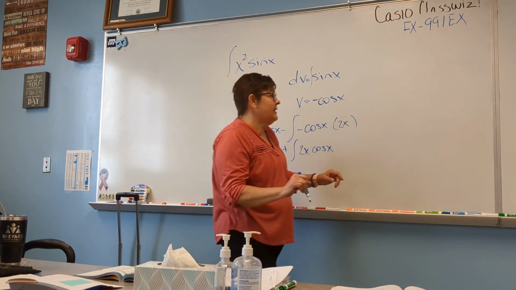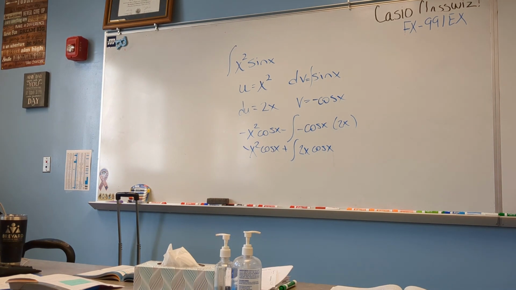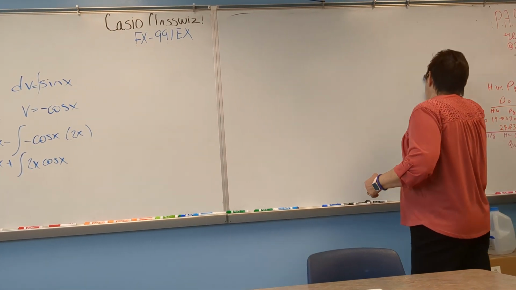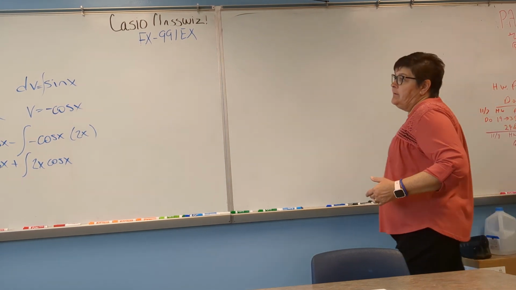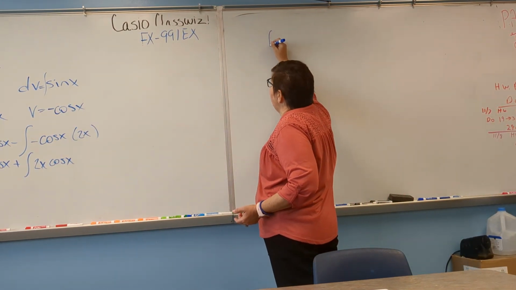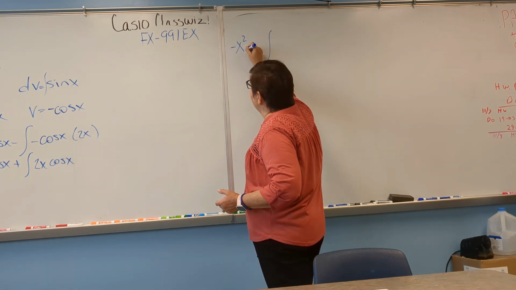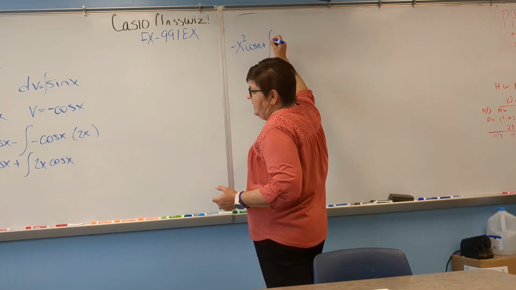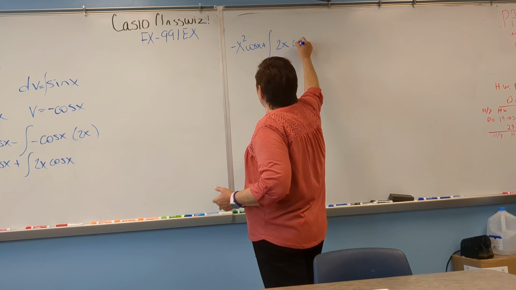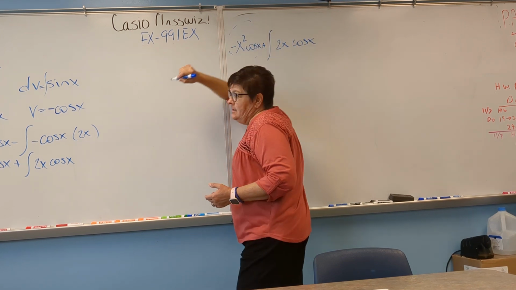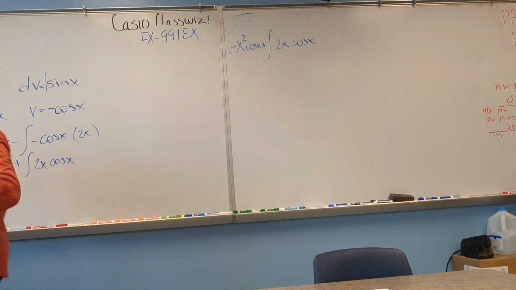All right, so let's write that down. Okay, so I'm just going to rewrite it. I've got negative x squared cosine of x plus 2x cosine of x. Now, this part right here is actually complete. I just bring it for the ride.